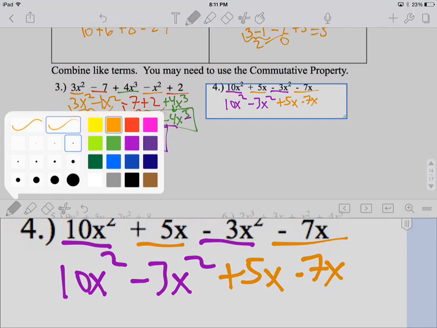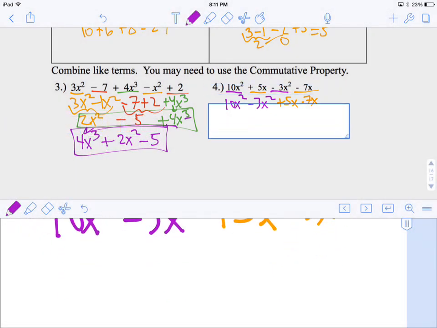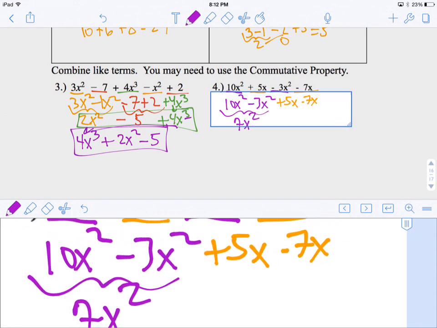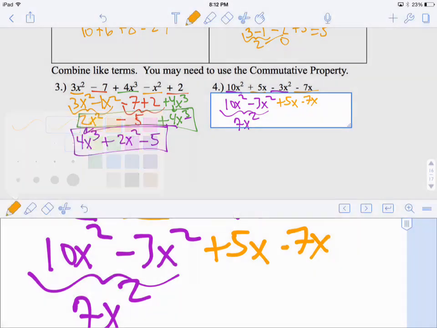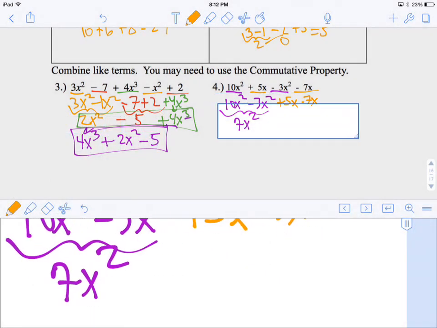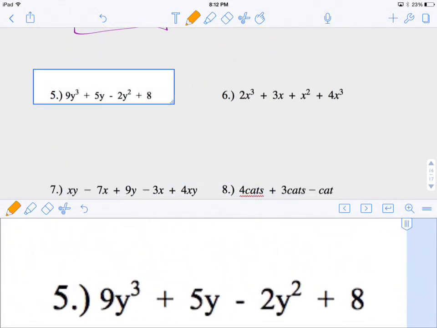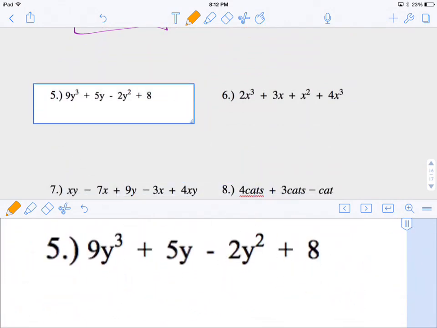I'll combine them each. 10x squared minus 3x squared is 7x squared, sorry. And my oranges, 5x minus 7x is negative 2x. There's my final answer. You can see I have a lot of these because they're super duper important.